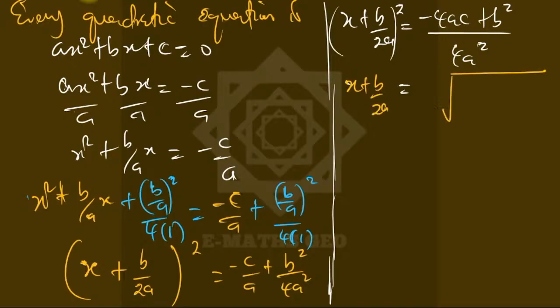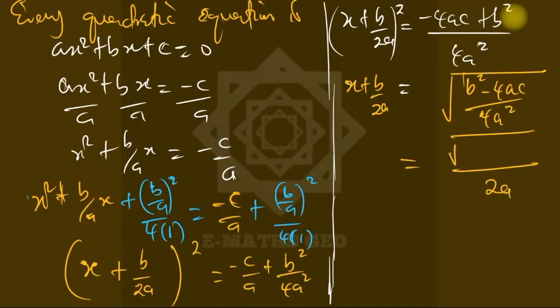Since I have a negative number before, let me write the positive, it's still the same thing: minus 4ac over 4a squared. Now, we can see that 4a squared has a perfect square, which is 2a, but this one has none.